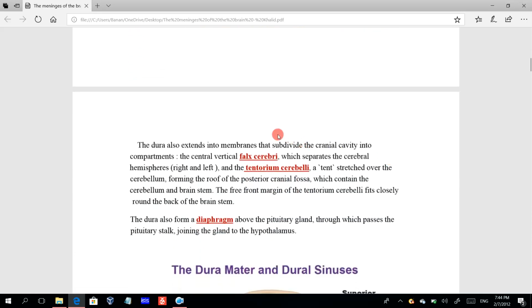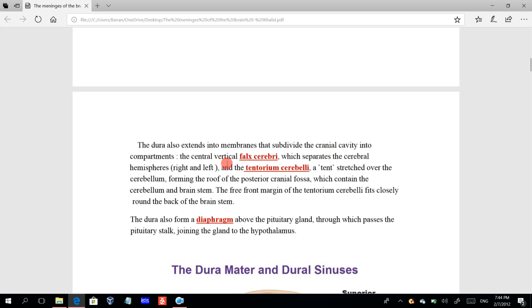The dura also extends into membranes that subdivide the cranial cavity into compartments, and of course each compartment contains part of the brain and other structures.